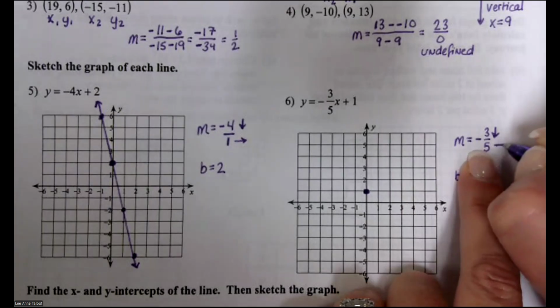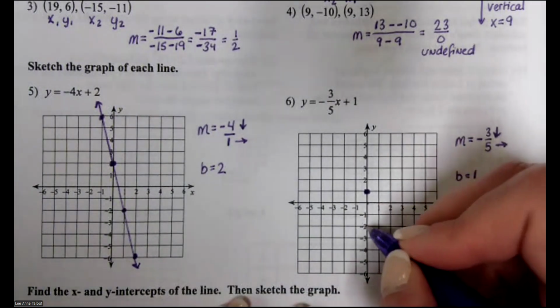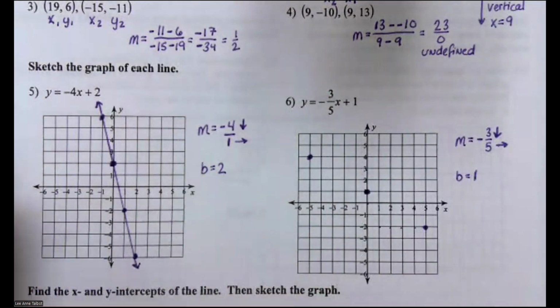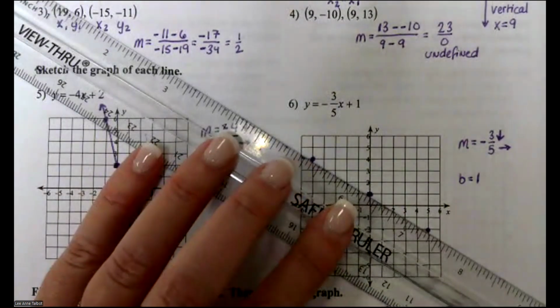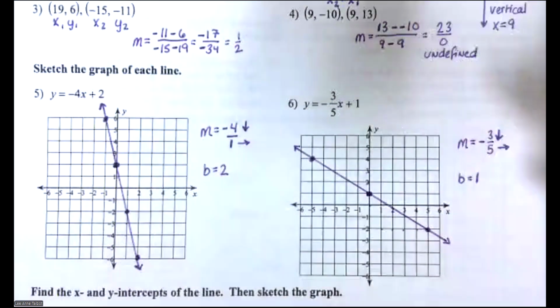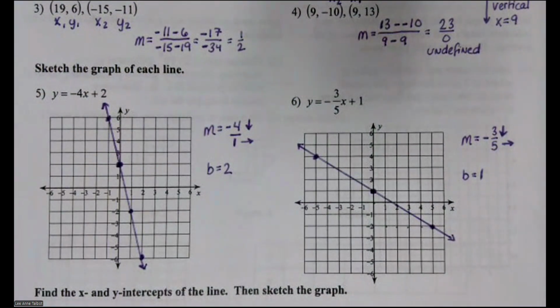So I'm going to go down 3, right 5. Anything from 5 or 6? We good?